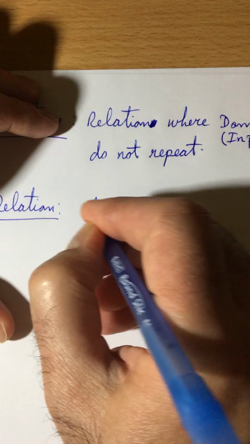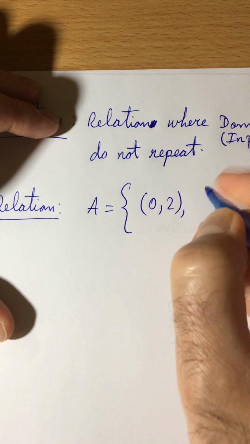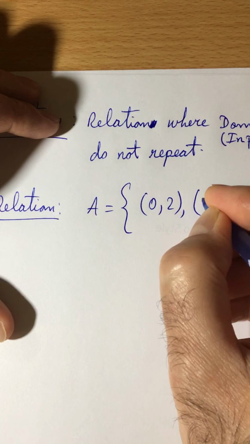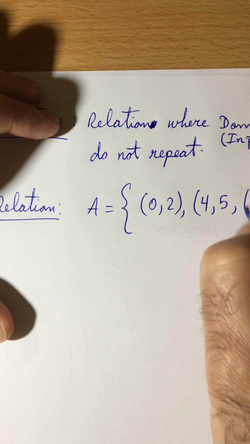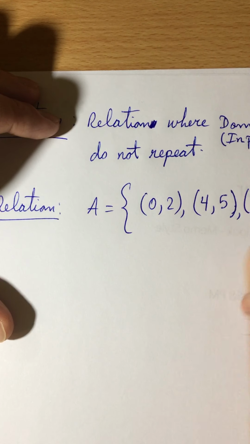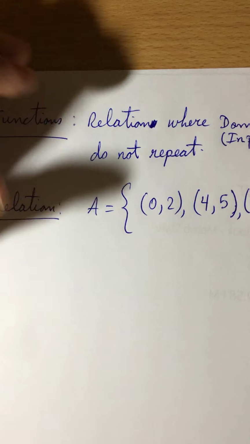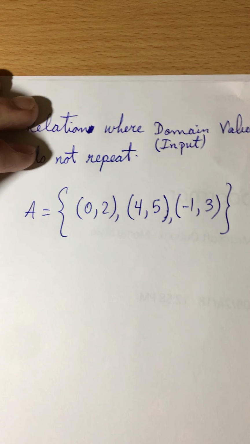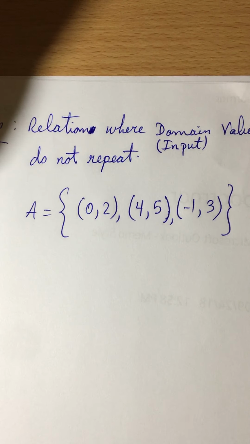So for example, I can say a set A: (0, 2), (4, 5), and (-1, 3). Here's a relation. We have a pairing of numbers.